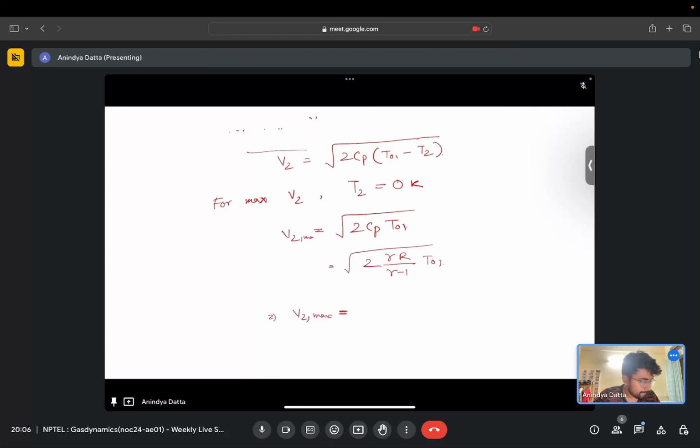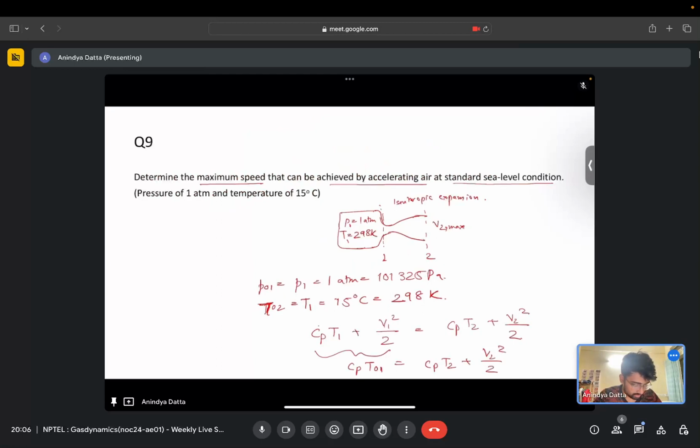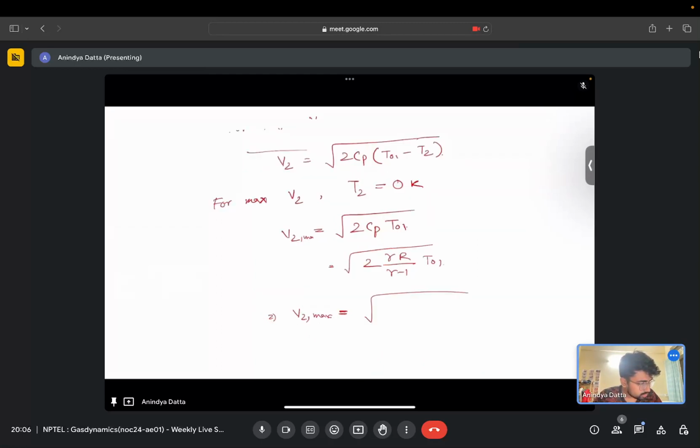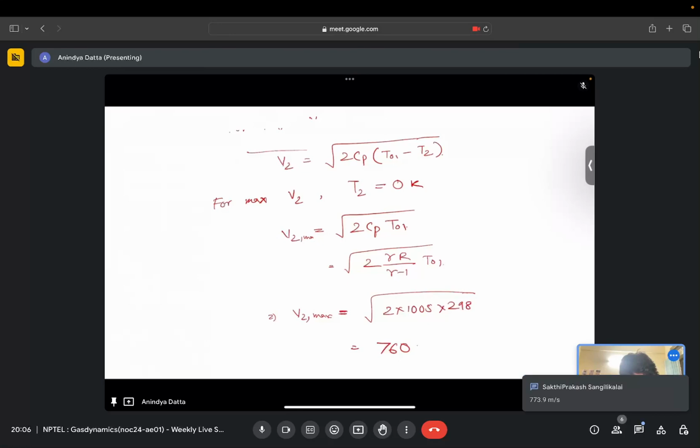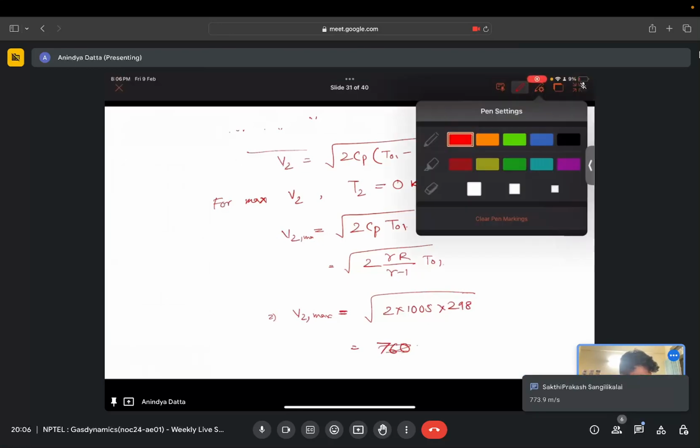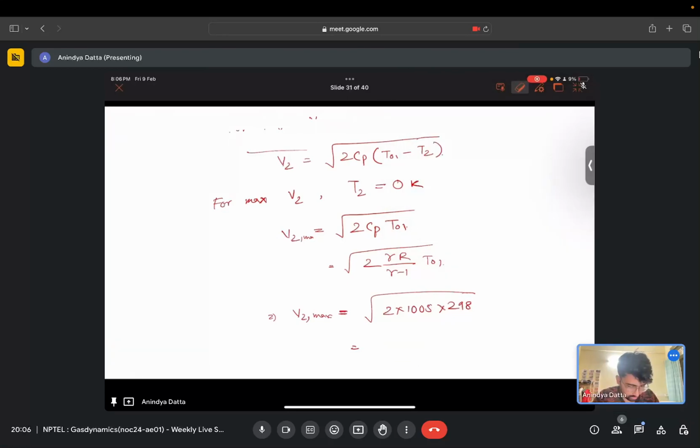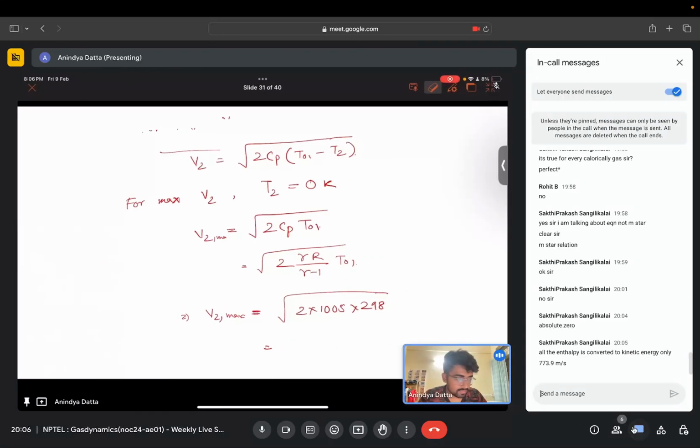So V2 max is the square root of 2 times 1005 times T01, which is 15 plus 273, sorry, 298. This will be 760, what are we getting? 773. Let me recheck that.